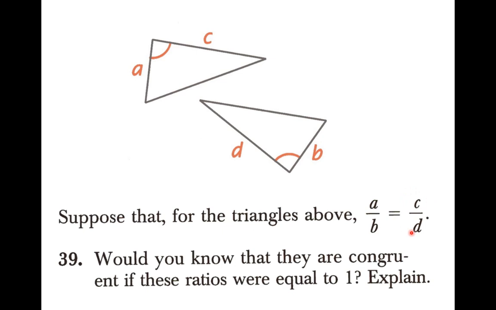Same thing over here, C and D. If this ratio was equal to 1, what would have to be true about those numbers? Now, substitute those into your drawing here. Put them right in there. Substitute that thought into there, and then ask yourself, are those triangles congruent? And if so, why? So we're looking for side, side, side, side, angle, side, angle, HL, one of those.